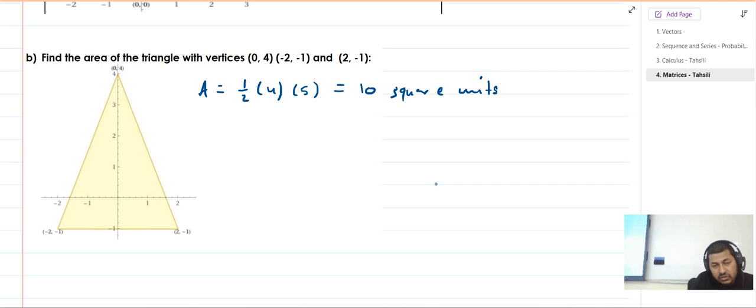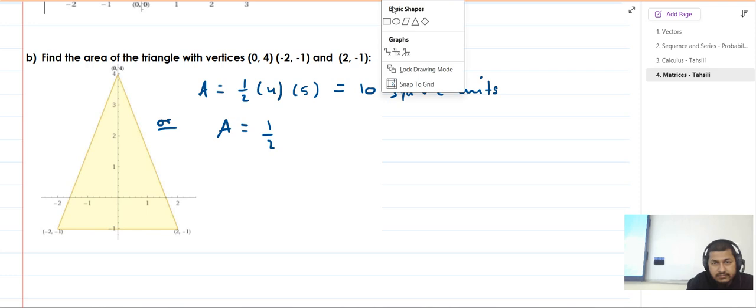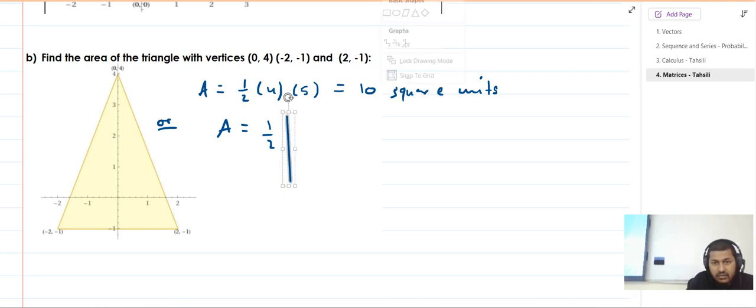Right, or you can use matrices to solve. A equals half. Let's put the values. Let's draw a line here. Okay, right, let's put the coordinate values. What are the coordinate values? We got -2 -1.